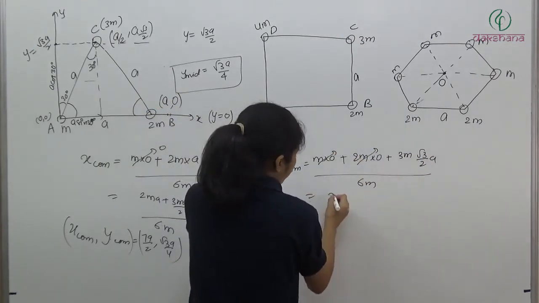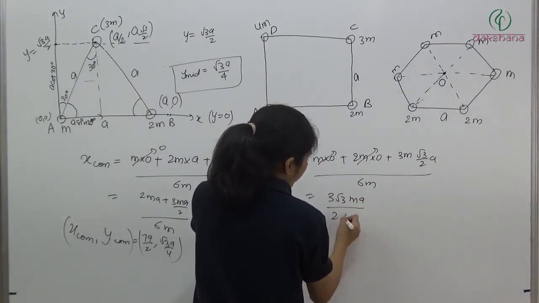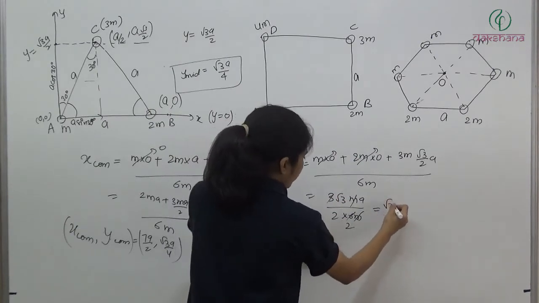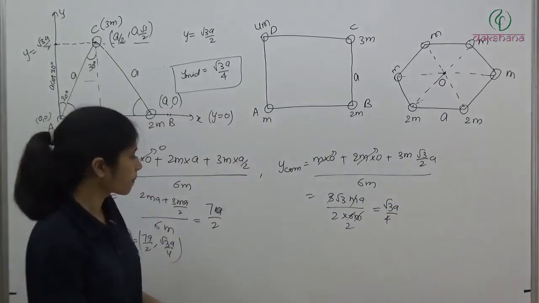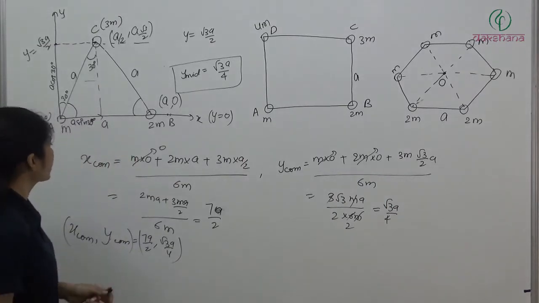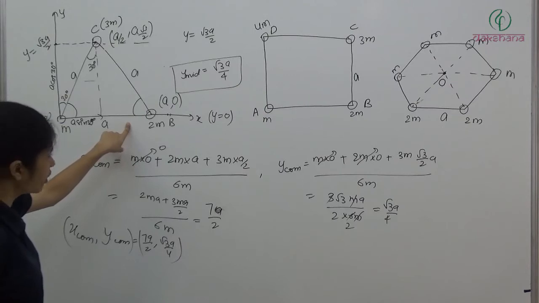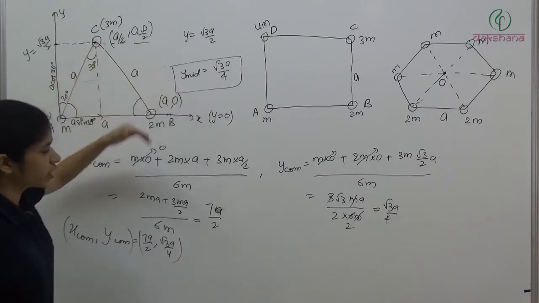Here we have 3 root 3 m a divided by 2 into 6m. So here we got root 3a by 4. So the location of center of mass is 7a by 2. It will be somewhere here, and root 3a by 4 will be exactly at the middle.